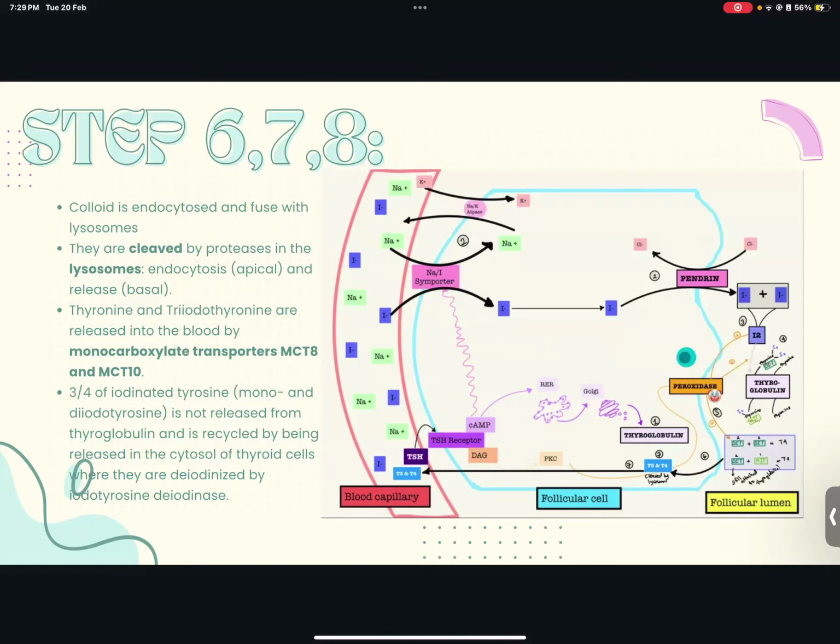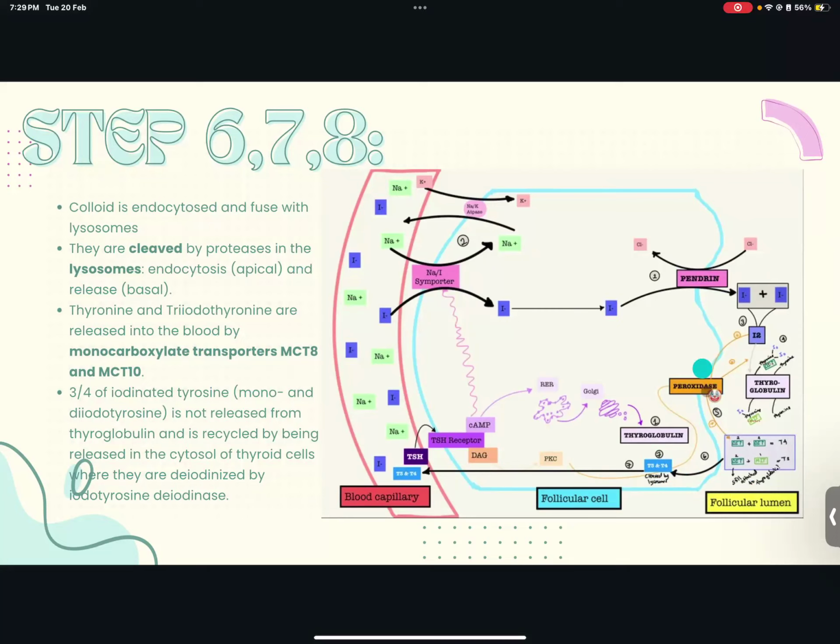So it's going to come in by endocytosis back into the follicular cell. And it's going to be cleaved by lysosomes. The lysosomes are going to fuse with the endocytosed vesicle, and then they're going to hydrolyze the T3 and T4 and release them from the thyroglobulin molecule.